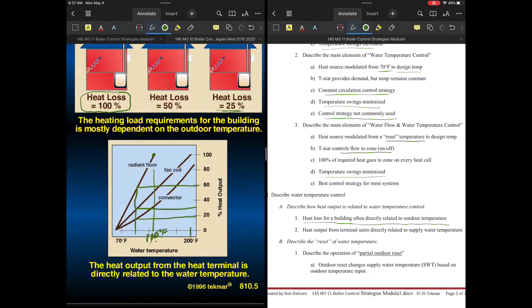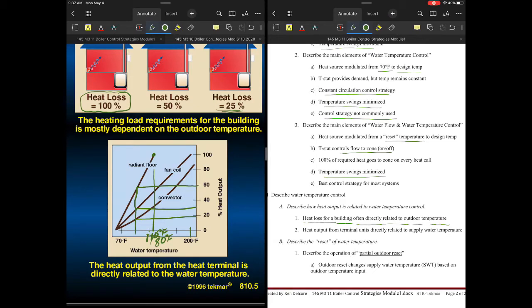Now, there are other applications where maybe they don't have any floor coverings, and they might be able to get that not at 110, but at 80 degrees. A lot of this is very dependent on the type of floor coverings and different types of applications, especially radiant floor.